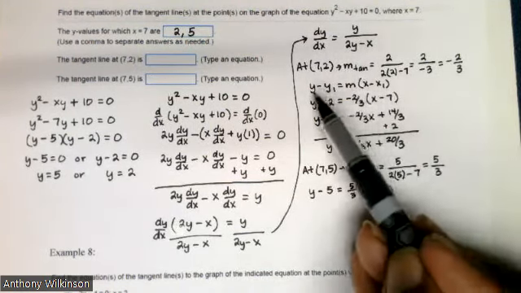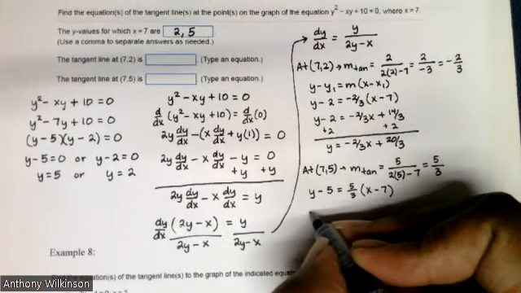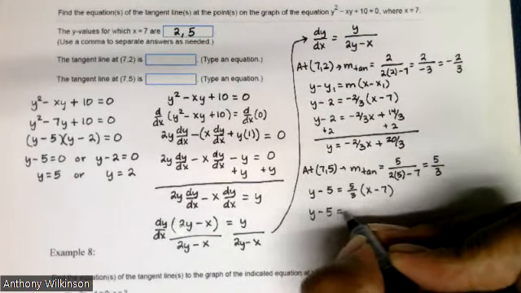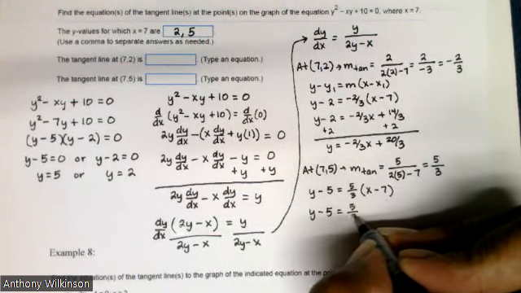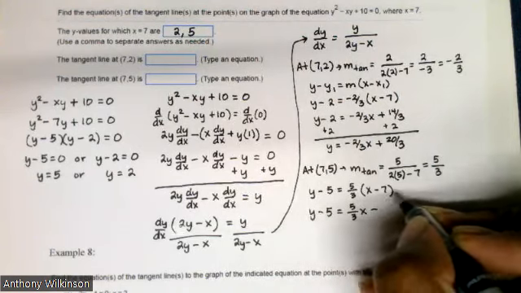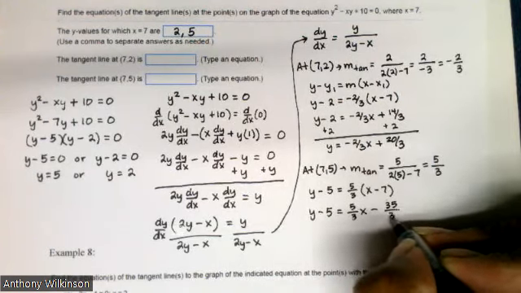So I'm using this point slope form up here to find out what the equation of the tangent line is at the point 7, 5. So I'll bring down y minus 5 equals 5/3 times x, which will be 5/3 x, minus 5/3 times 7 over 1, which would be 35 over 3.